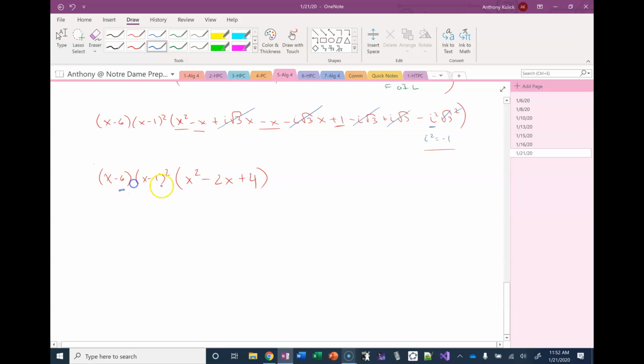Well, eventually I'm going to have to multiply these things together, right? So my constant term would be 24. Everybody agree with that? A polynomial with no constant term, what would the last term be then, if it has no constant term?